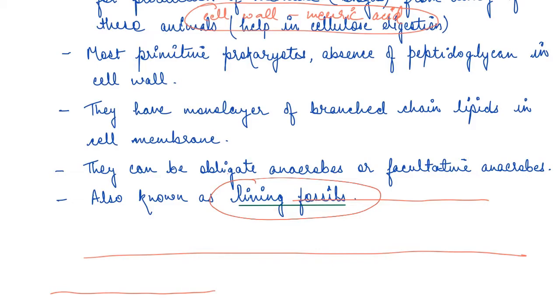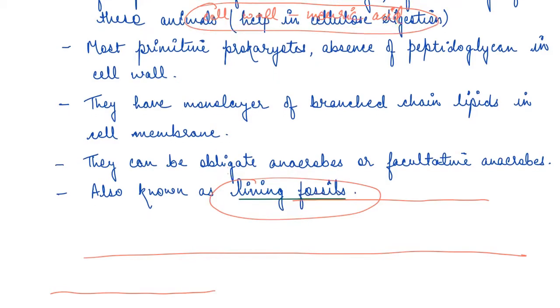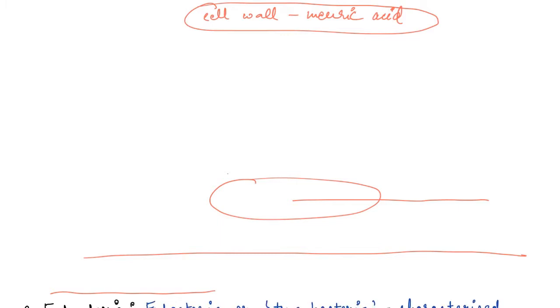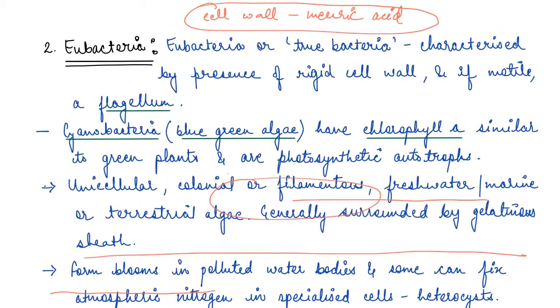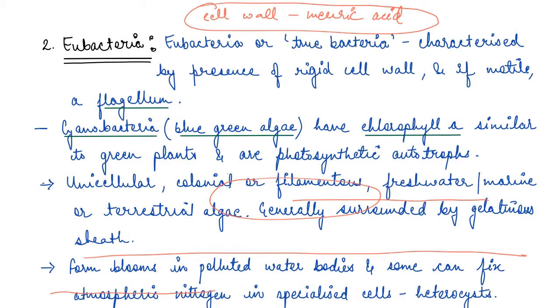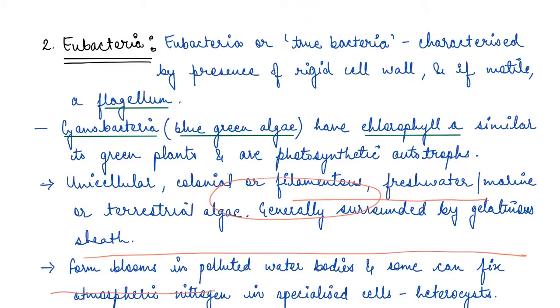Okay, so here we are ending the Archaebacteria topic, and we will be starting with the second kind of bacteria, which is eubacteria, also known as true bacteria.